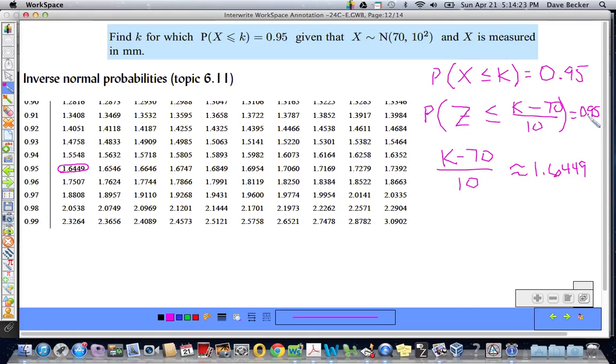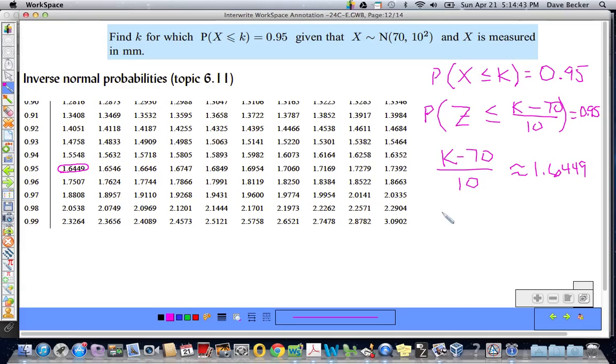Okay. Well, why did I go from this to this? Because this probability for a normal distribution corresponds to this area for a standardized normal probability. So we are looking for that value of k.